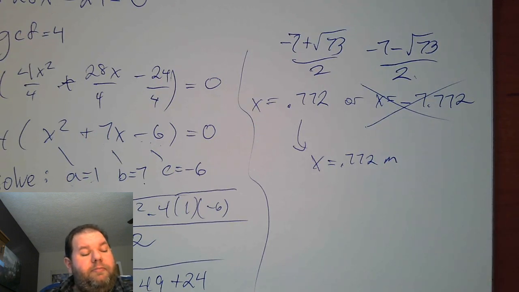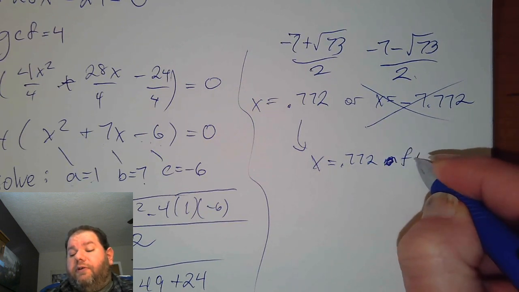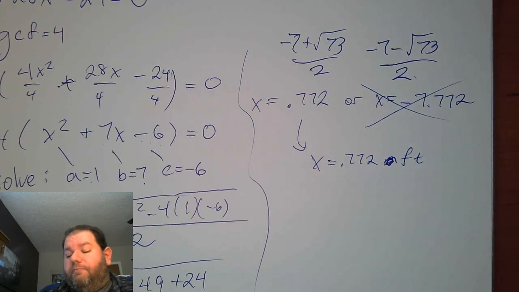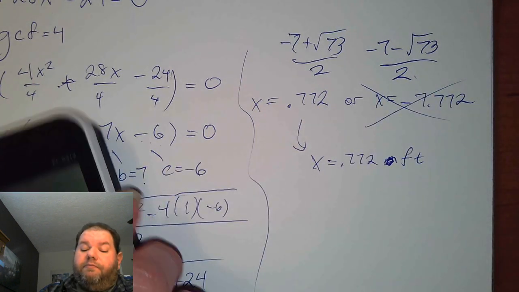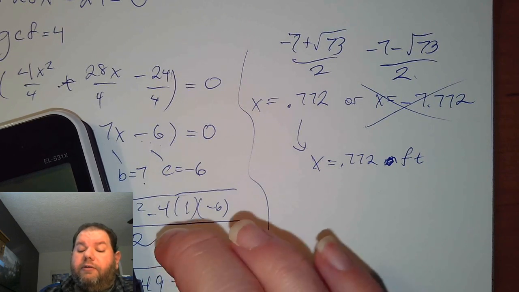And actually, not meters. In the problem, they've actually given us the data as feet, so we want to make sure we use the identical units here. Does that work out anything?